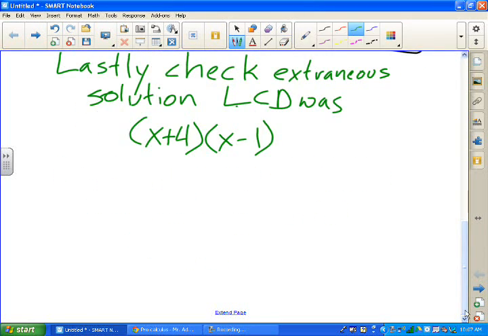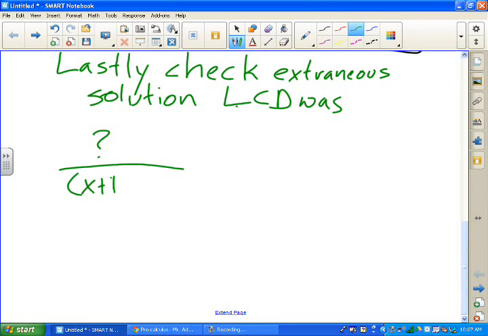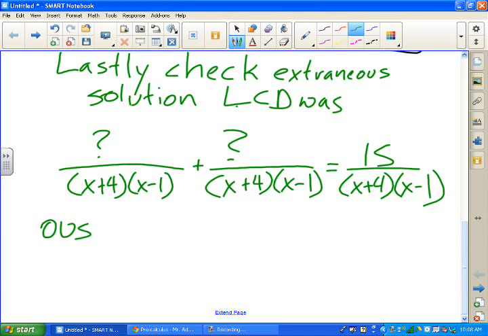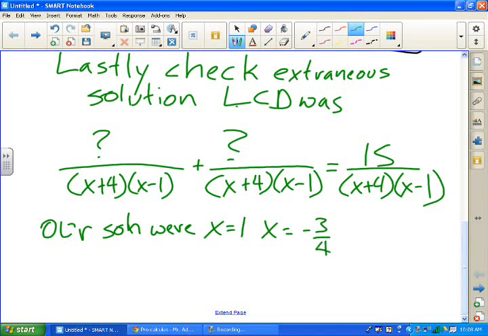The reason that might become a problem is because when I plug in my solution, I'll get some number over x plus 4 times x minus 1, plus another number over x plus 4 times x minus 1, and that should equal 15 over x plus 4 times x minus 1. The problem that we run into is that one of our possible solutions, x equals 1, will not work.